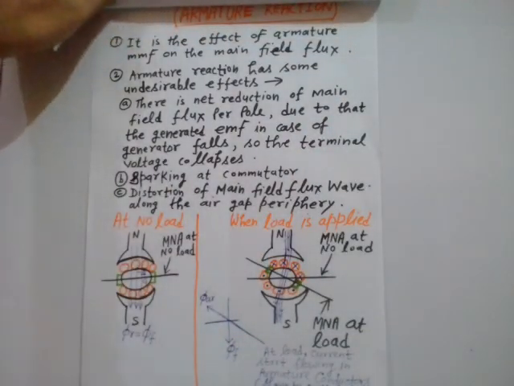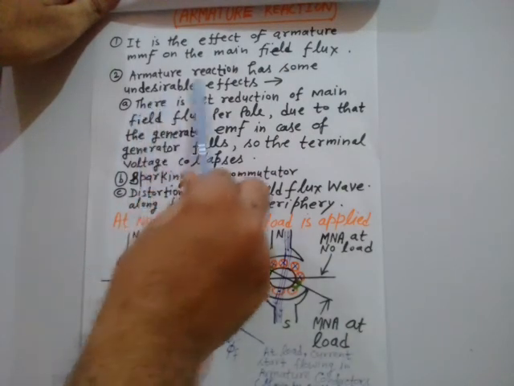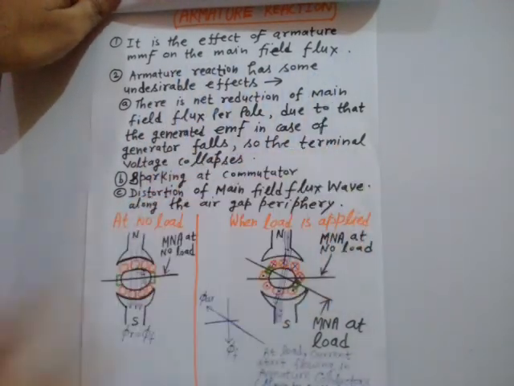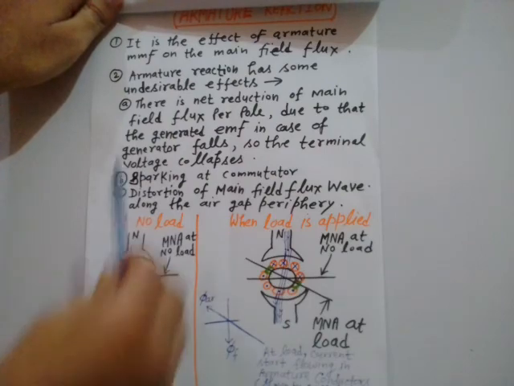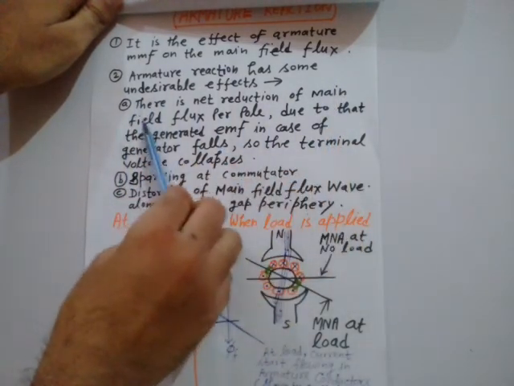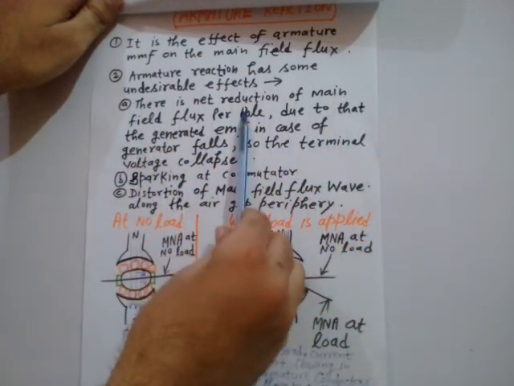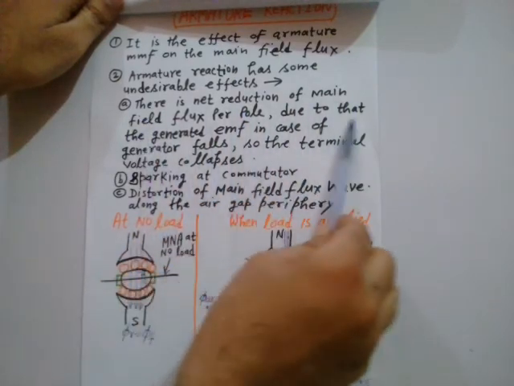So what is armature reaction? Armature reaction is basically the effect of armature MMF on the main field flux, right? The way the armature flux interferes with the main field flux, that interference is known as armature reaction, right? So this armature reaction has these undesirable effects. There is net reduction of main field flux per pole.